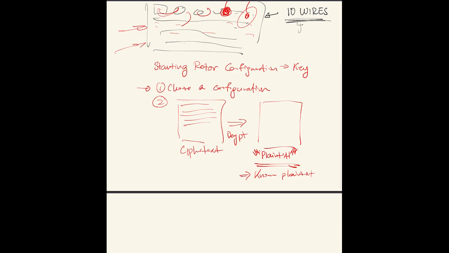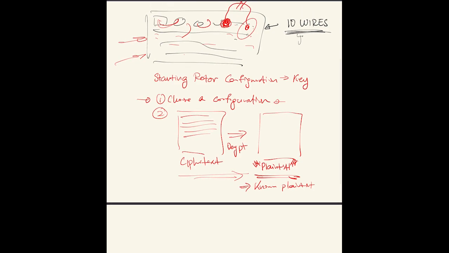So you will brute force all the rotor configurations and do this fitness test, by finding how accurate your found plaintext is to the known plaintext, and that will help you determine the rotor configuration that is most likely your solution.